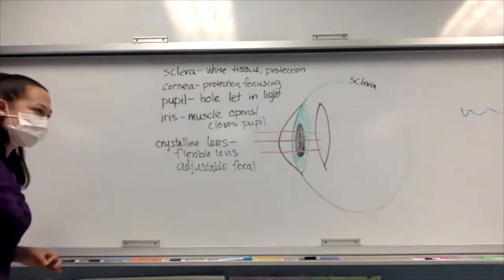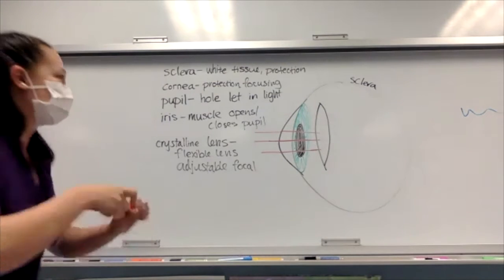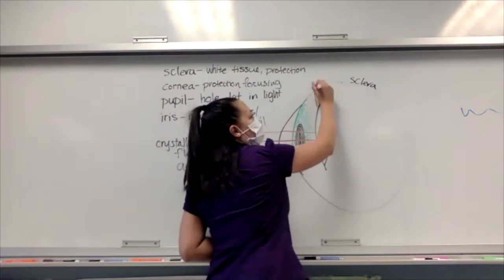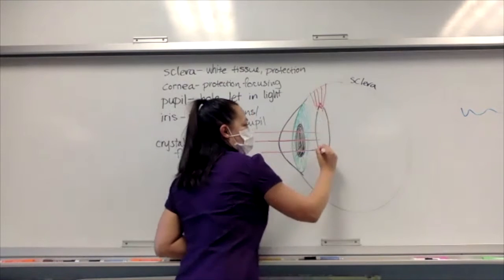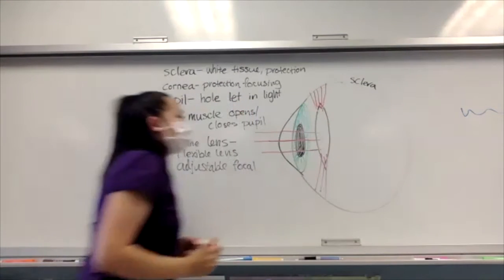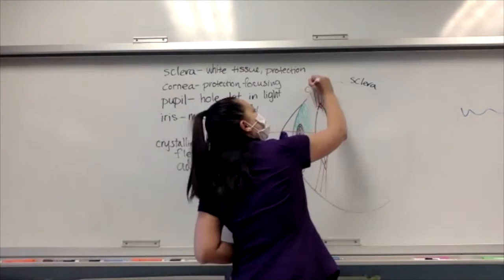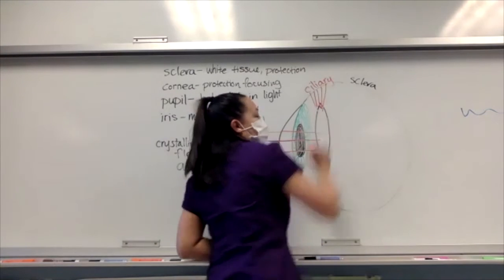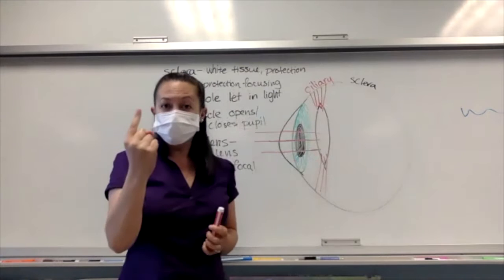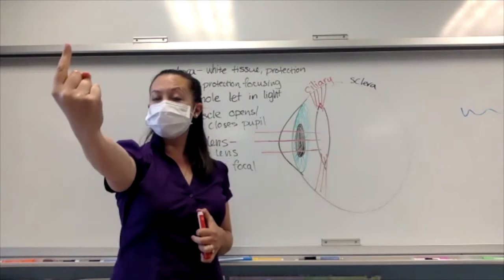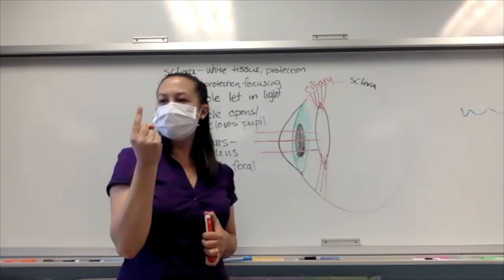The muscles that do that, where's red? There we go. These muscles are called the ciliary muscles. And you can feel the ciliary muscles work. So these are my ciliary muscles. You know when you were looking at your fingertips and you moved them far and close to your face?